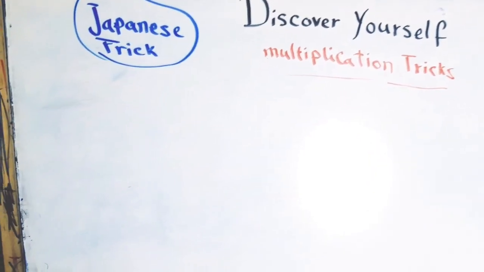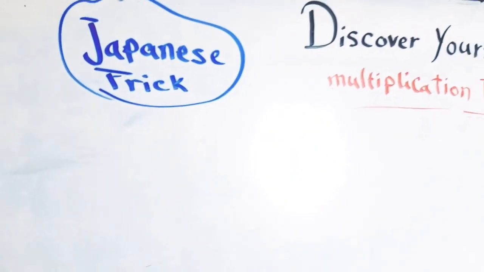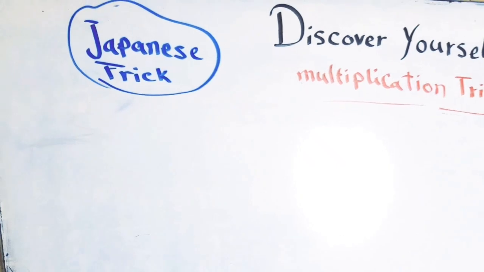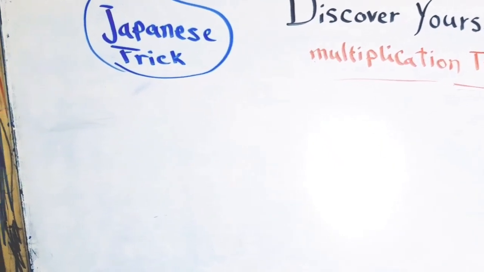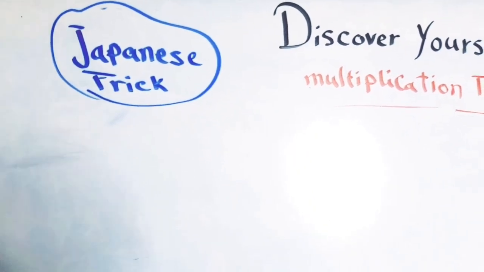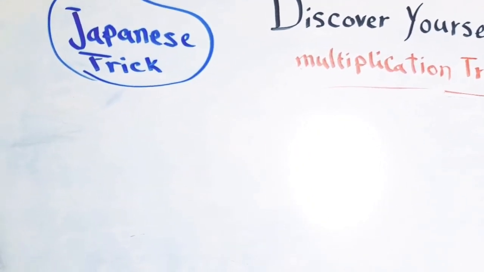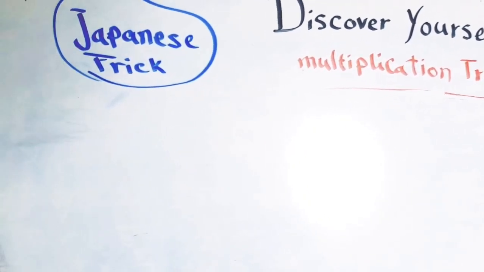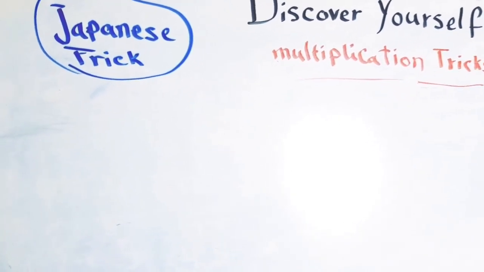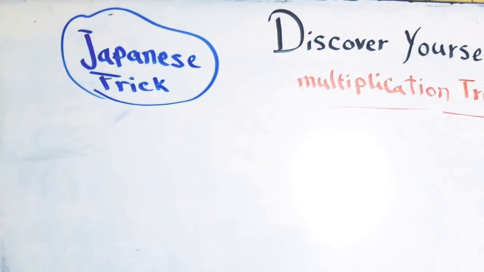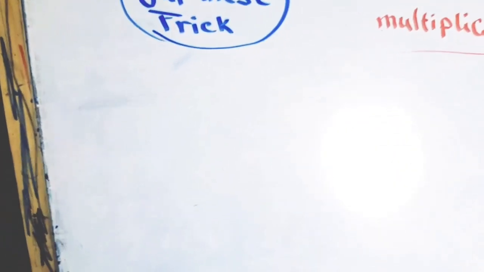Welcome back. What about the Japanese trick for multiplying any numbers? Do you know that the Japanese use lines and dots to reach the multiplication product? Let's learn this trick.